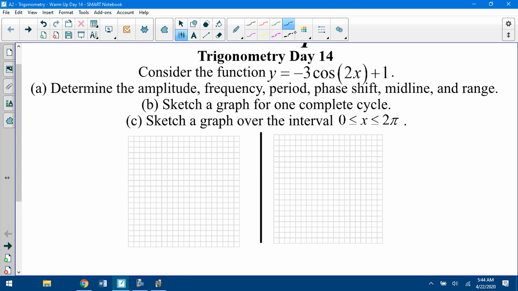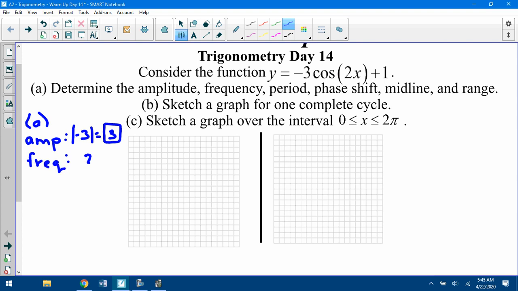Okay, did you try it? Here are the answers. All right, so amplitude, frequency, period, phase shift, midline, and range. Here's part A. What's the amplitude? It's 3, right, not -3, because it's the absolute value of -3, which will be 3. Okay, what is the frequency?